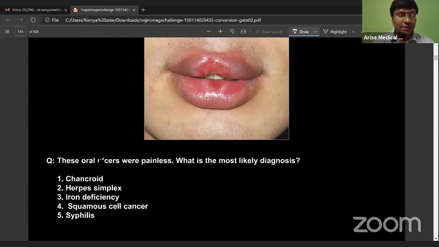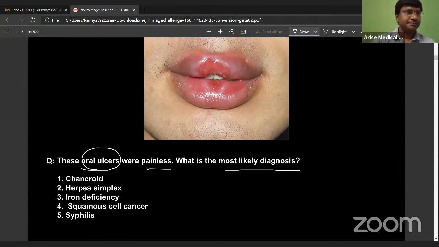Yes. So these oral ulcers were painless. What is the most likely diagnosis?